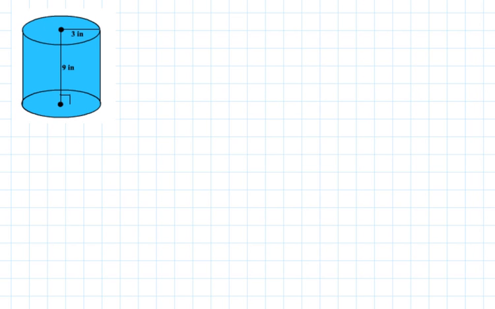So if you take a can, take out the top and the bottom, the bases, and just cut it long and spread it, you would end up with a rectangle.